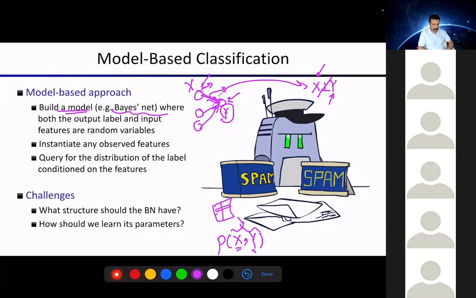So this is a large probability table. But if we assume that these x and y are independent, so the model looks like this, x and y, and there is no connection between them, we can calculate this very easily. We can calculate this as p of x multiplied by p of y.